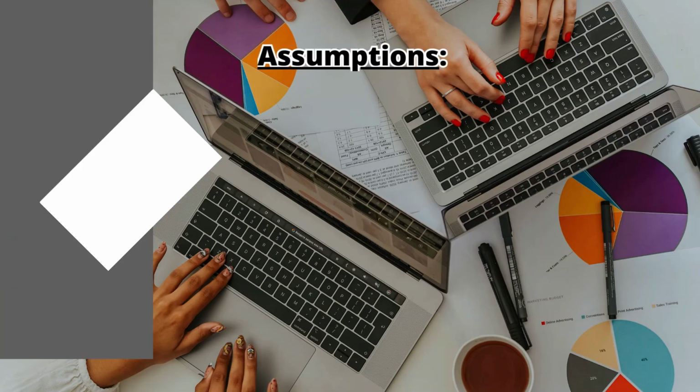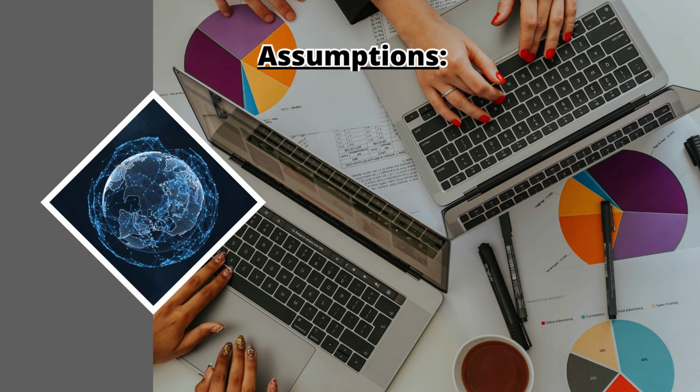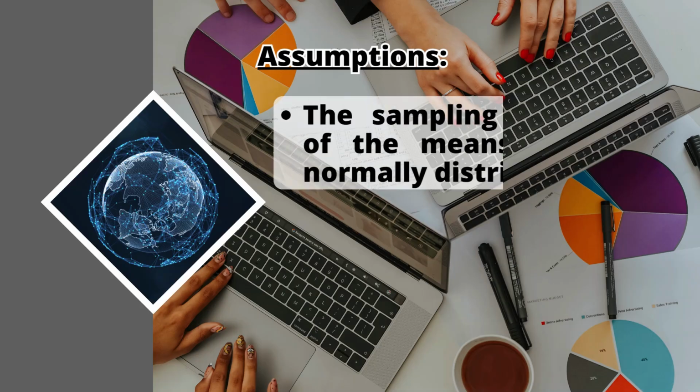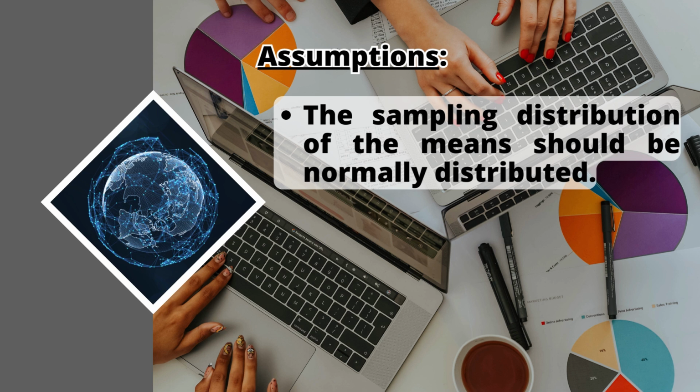There are certain assumptions which are again associated with the use of the t-test with correlated means. The first thing is normalcy. If we have any data which is not fulfilling the assumption of normal distribution, then we cannot go for parametric statistics, of which the t-test for correlated means is a part.